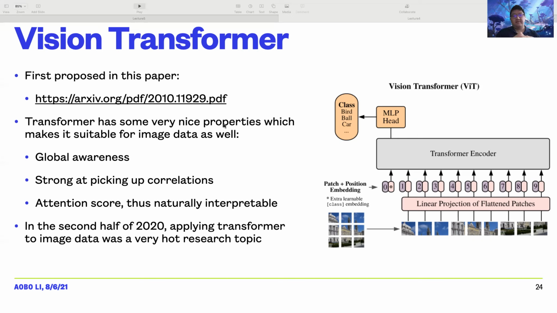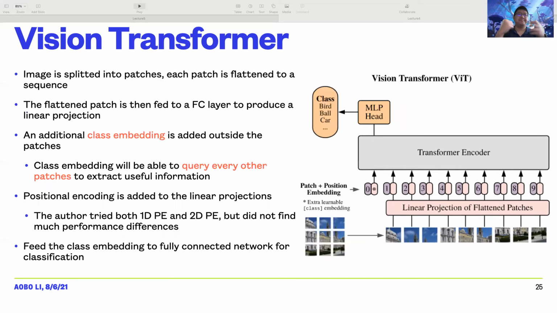In the second half of last year, 2020, applying transformer to image data had been a very, very hot research topic. This is how we have this model called vision transformer, which was born in the second half of last year. So what we do is that, for example, here we have an image of a church or a library. I'm actually not sure what it is. We split the image into different patches.